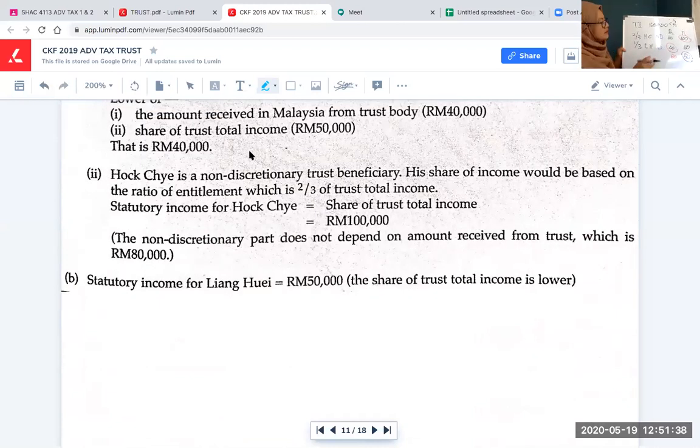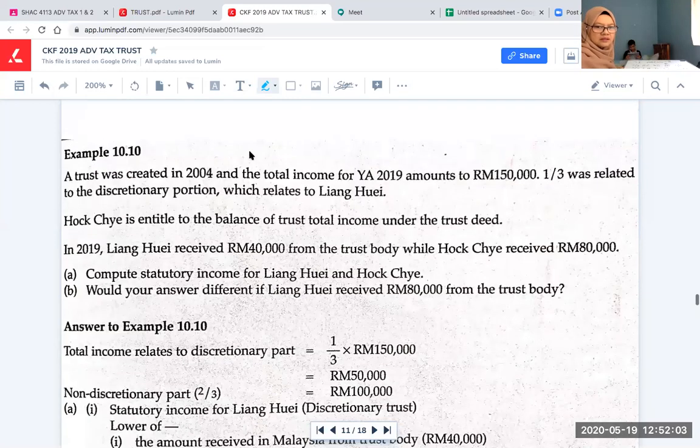So again, one more question, sorry because of the confusion. I also had to go back to the input. Okay, different. Total income of the trust is 150,000. Then you have one third and two thirds. Two thirds is actually for Hok Chi, according to the trust. Where do you see that? You will see it here. Sometimes when you look for it, you have to find the words.